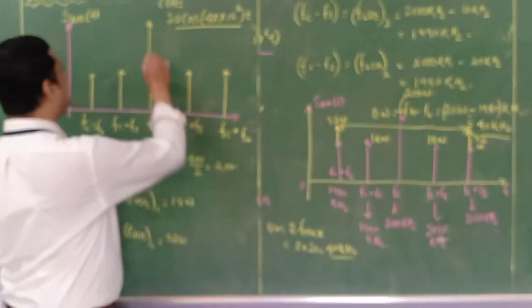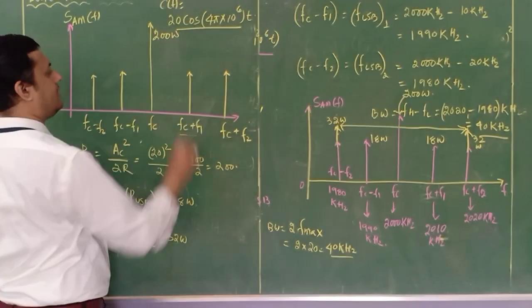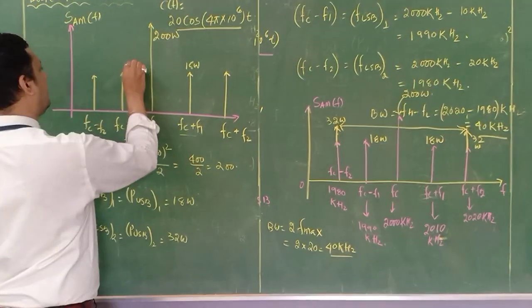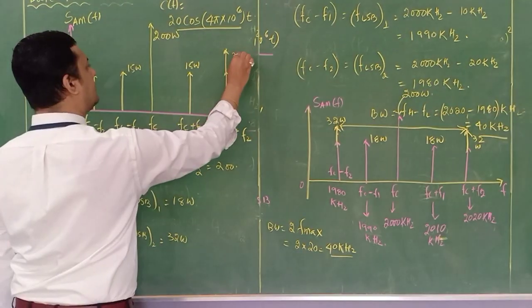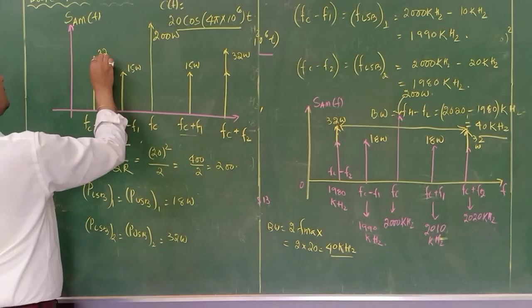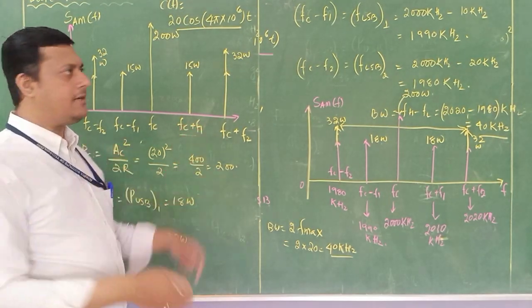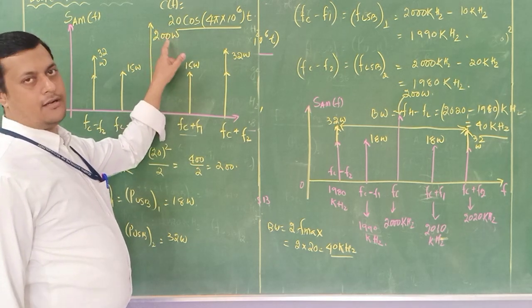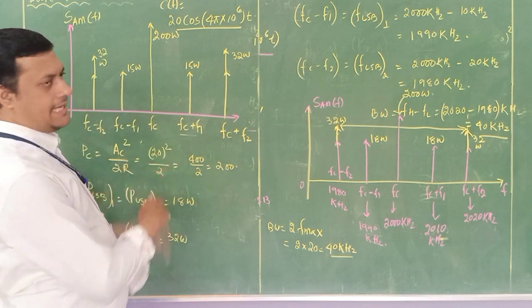So in this I will represent the amplitude 200 watt for the carrier, 18 watt, and this one 32 watt. If you add these two sidebands, you get a total sideband power of 50. Carrier power is 200. Transmitted power will be sideband power plus the carrier power.